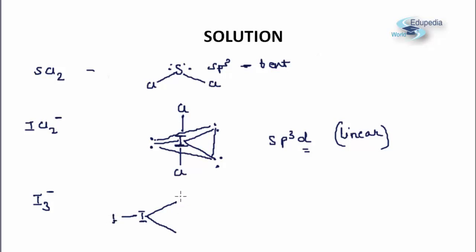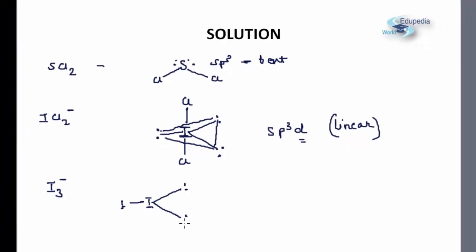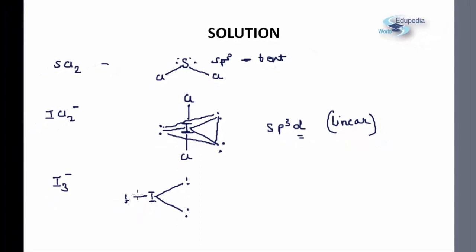So lone pairs over here, 1 iodine here and 1 iodine here. So again lone pairs will occupy your equatorial positions, this will be sp3d hybridization and linear. So again we can see similarly that this is a linear molecule but the hybridization is sp3d, so that limits out our possibilities.